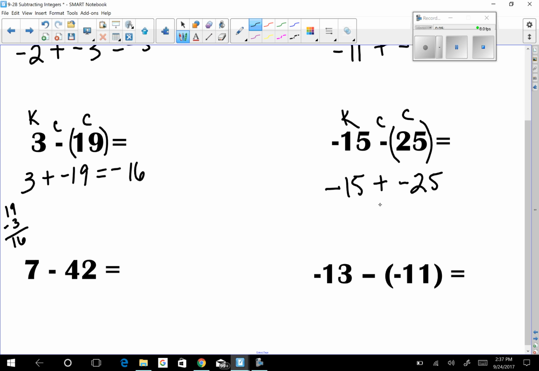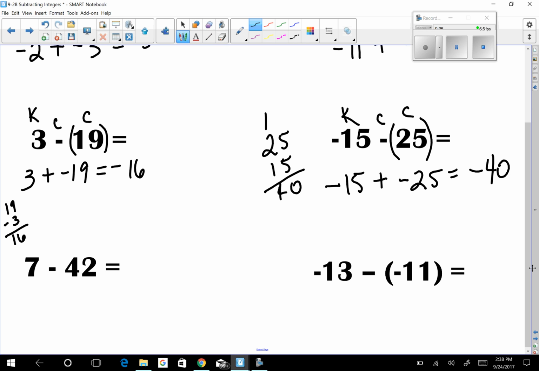Now we follow the rules for integer addition. Same signs, you sum. So 25 plus 15, 5 and 5 makes 10, 2, 3, 4. So this is going to be negative 40 because both numbers are negative.